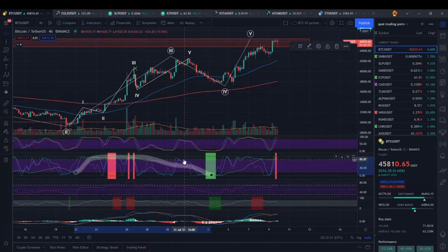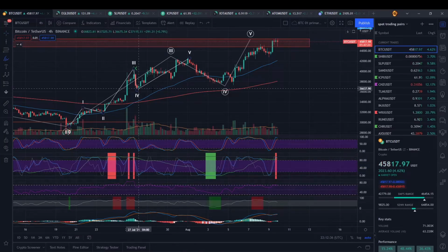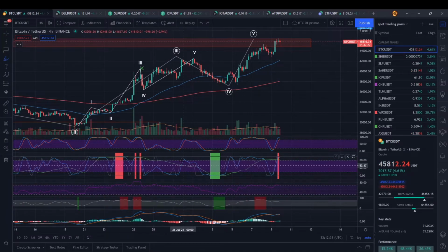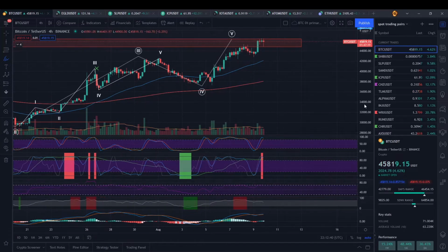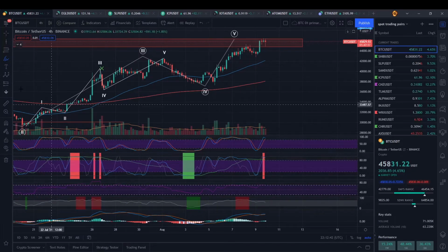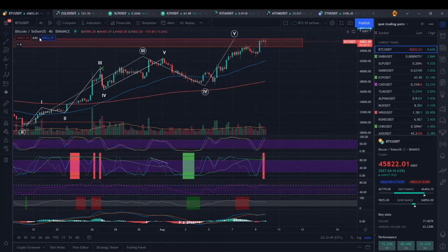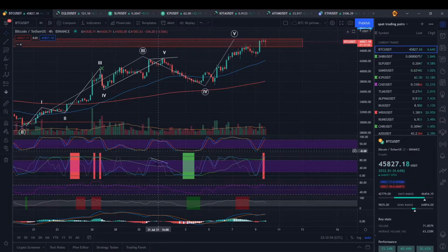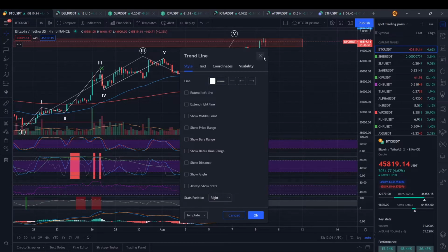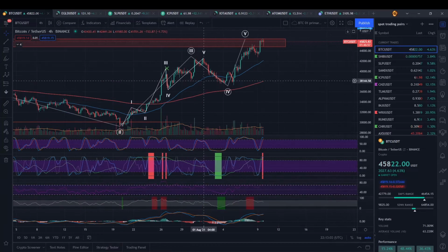The second one would be here at this zone, not only because of it doing that, but because it simply showed us a bearish divergence. This is the bearish divergence I'm referring to. You have this making a higher high, and here it makes a lower high.